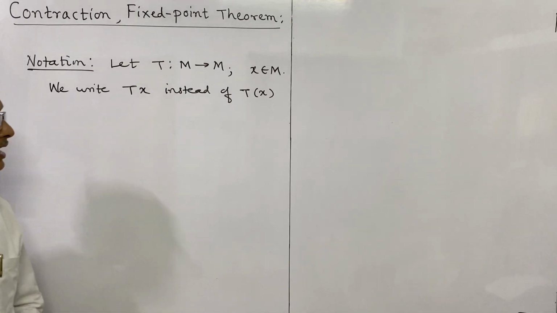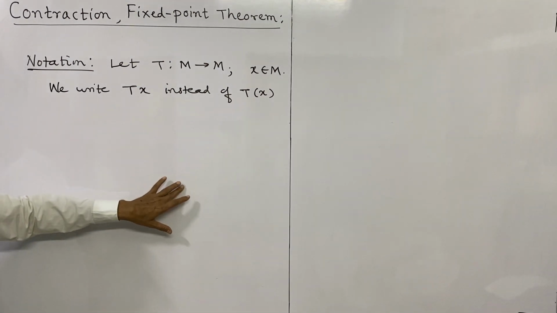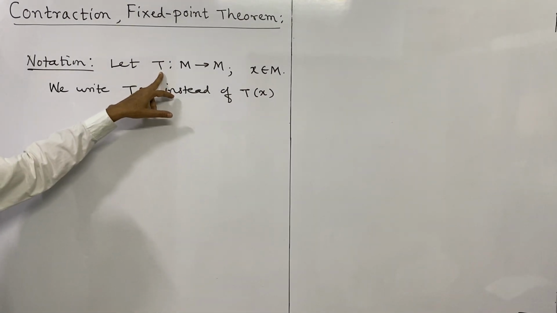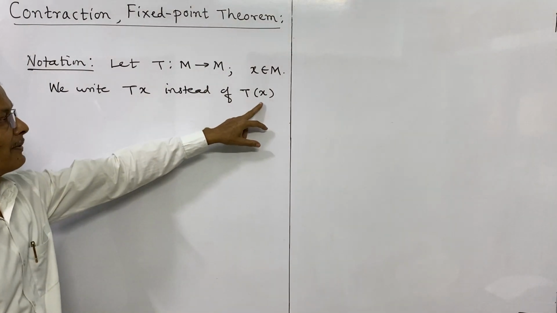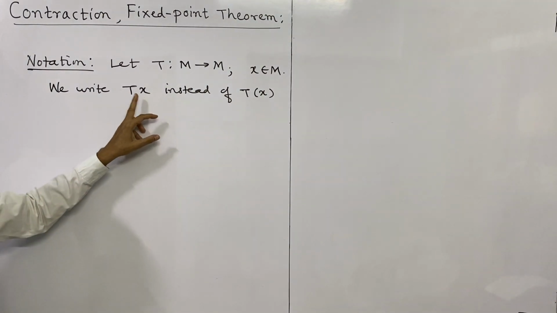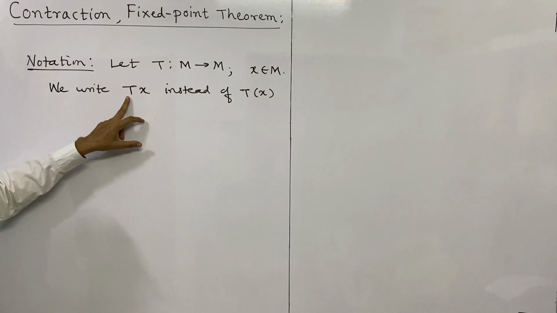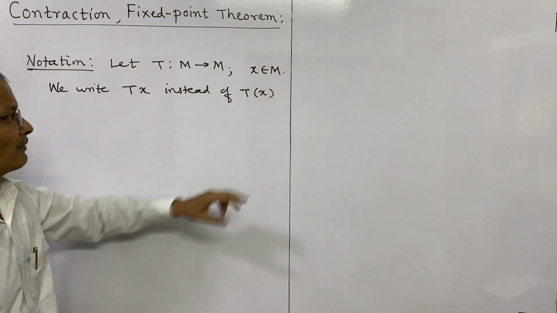Generally we write the image of x as f of x, and here the function is T. Instead of T of x we simply write Tx. So this means image of x under T, that is actually T of x.